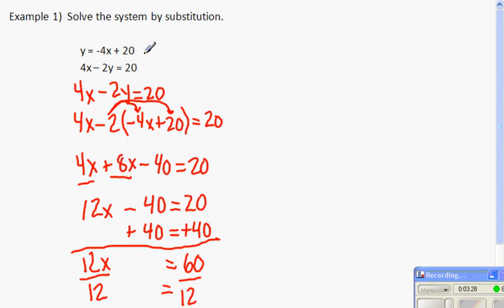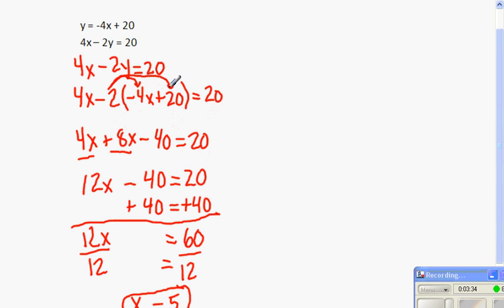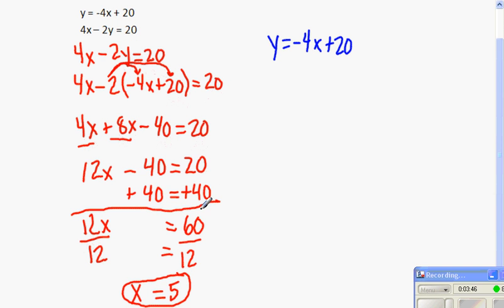Knowing x equals 5, we can plug that into either one of these equations. We're now on step 4. We can plug it into either one. I'm going to go ahead and plug it into that first equation that we have here. y equals negative 4x plus 20. We just found out that our x value is 5.